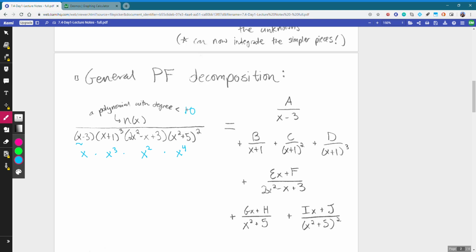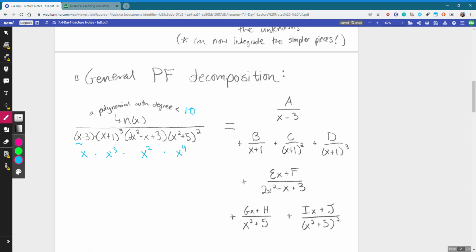And so for us to start in with partial fractions, we need our polynomial up top to have a degree less than that. It could be degree 9, degree 8, degree 7. It could even be all the way down to just a constant polynomial. As long as its degree is less than 10, then we're good to go.